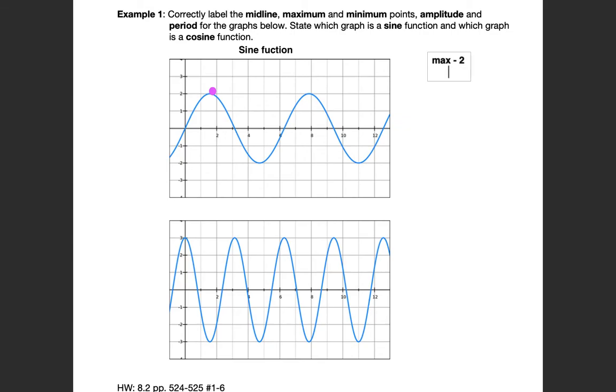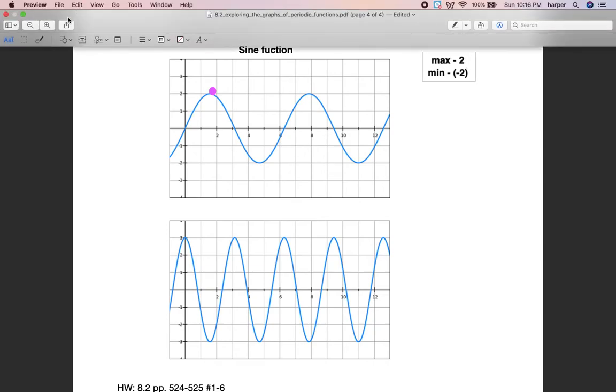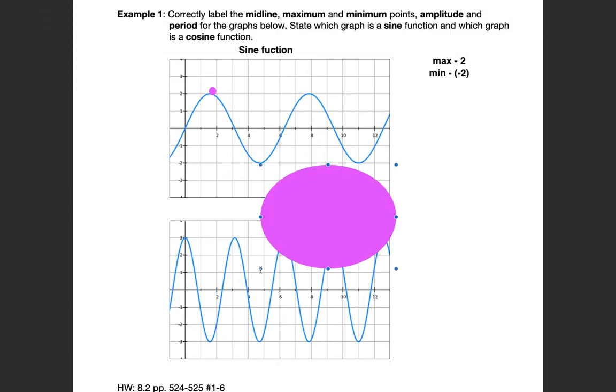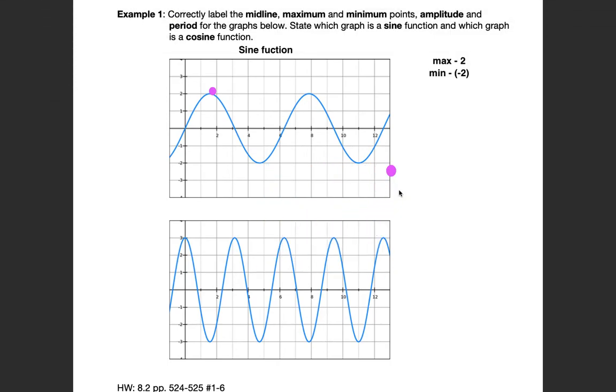So it just goes up 2. The min it ever goes is -2. So I'm going to pop one down there. There's the hand. So that's the min it ever goes right there. 2 and -2. Okay, so that's literally max and min. We did it.